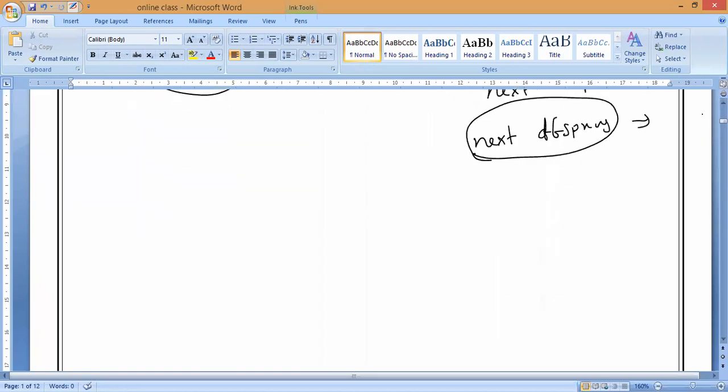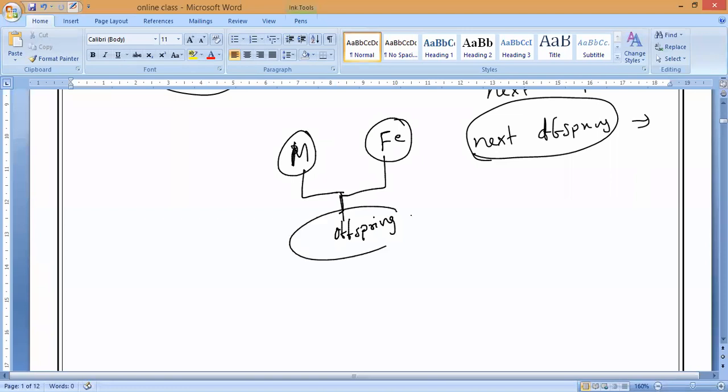Let me explain once again in detail. Here is the male parent and here is the female parent. They involve in sexual reproduction and produce one offspring. Now these offsprings again involve in sexual reproduction and produce the next offsprings.